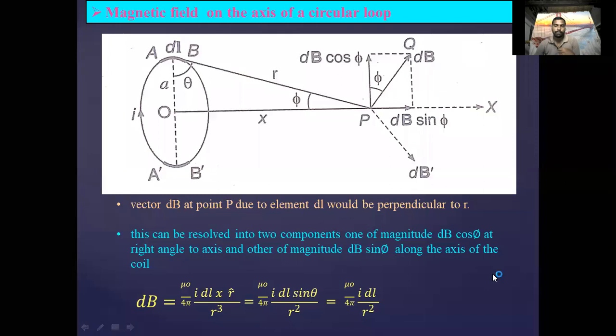Now integral dB sin phi is the total magnetic field due to the circular coil.